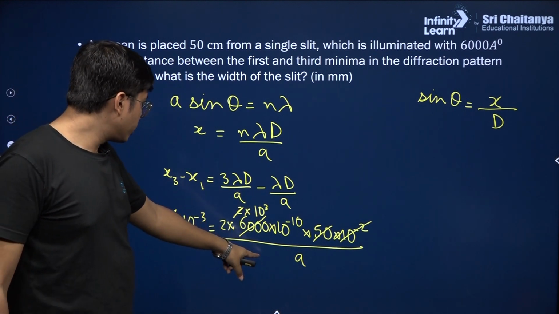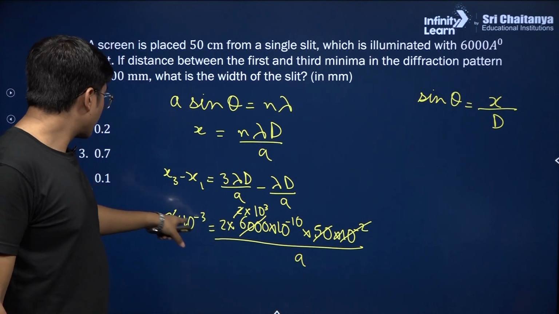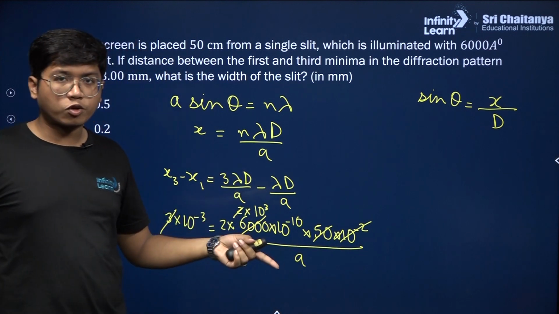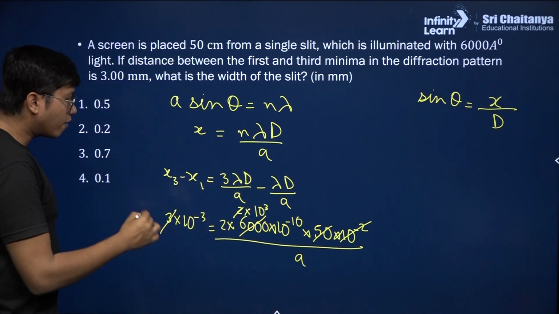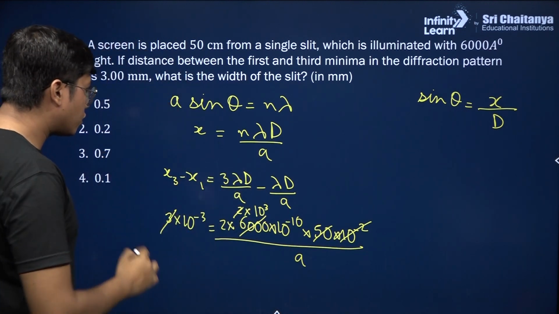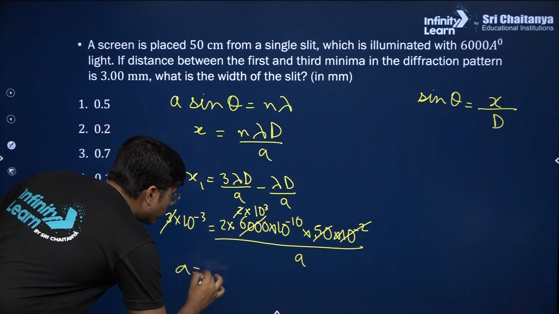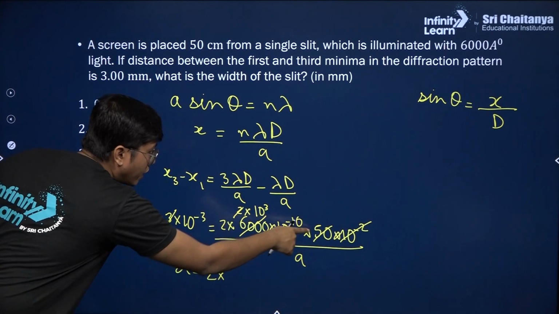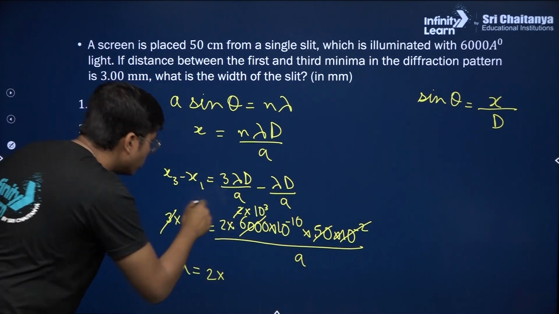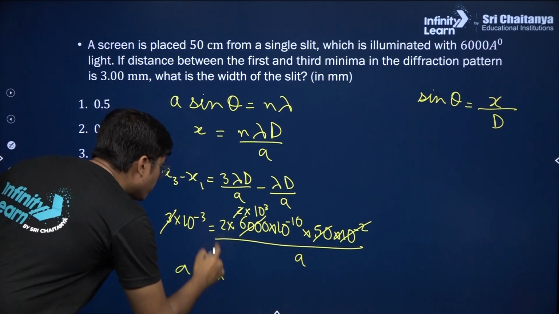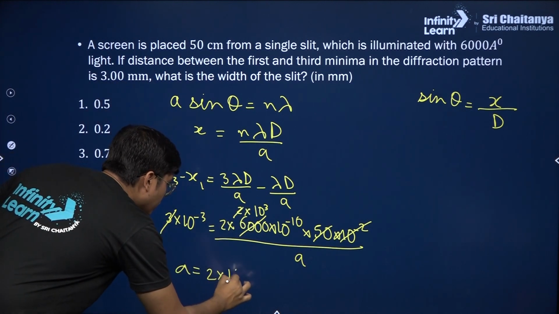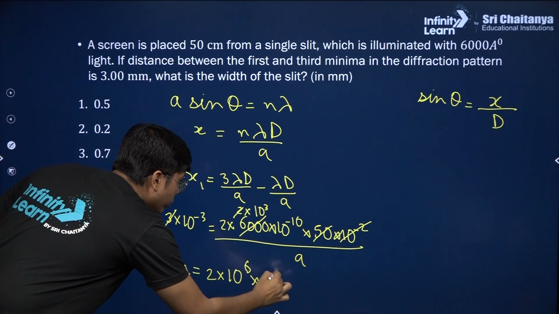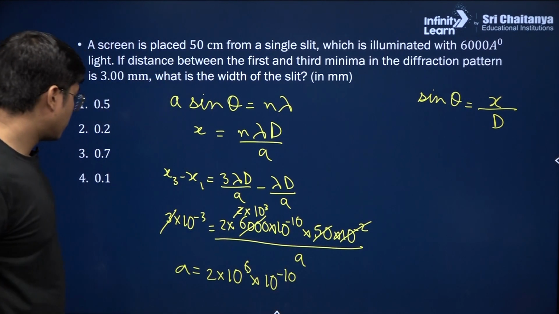This 10 to the power 3, there's also 2 here by the way. So when this 10 to the power minus 3 comes down, it would go up top as another 10 to the power 3. So your a would become equal to this 2 that has still remained, because this 2 and this 50 has gone with that 10 to the power minus 2. 2 that has still remained, 2 into 10 to the power 3 into 10 to the power 3, that's 10 to the power 6 into 10 to the power minus 10.